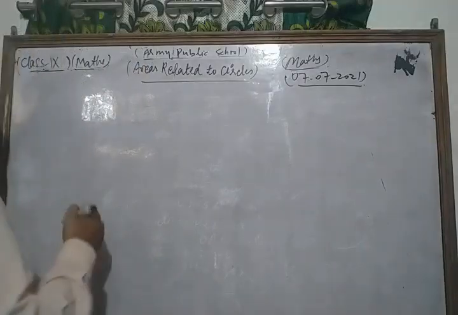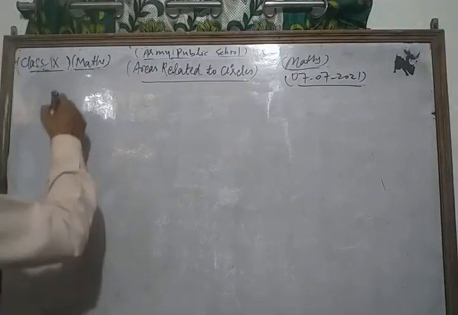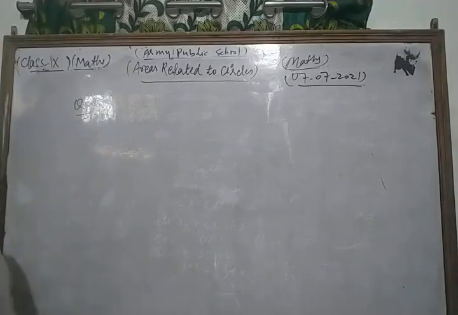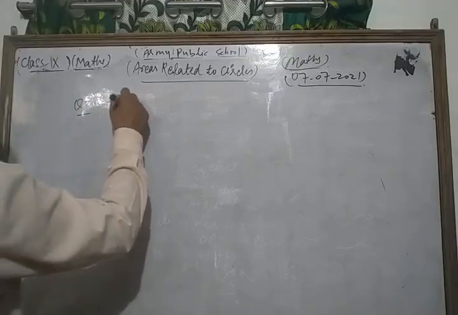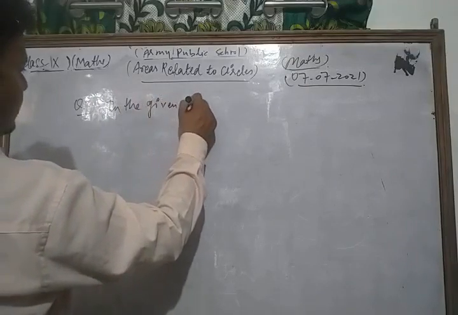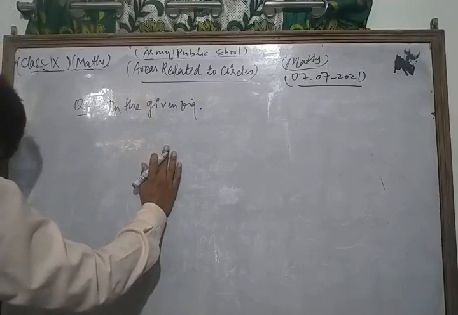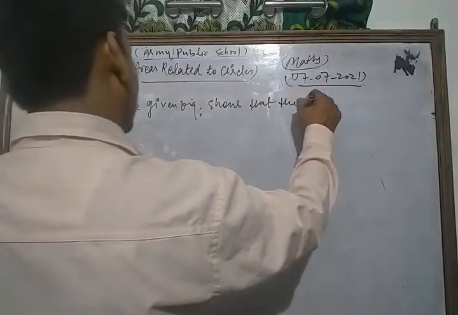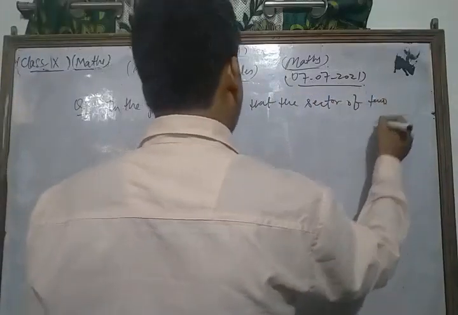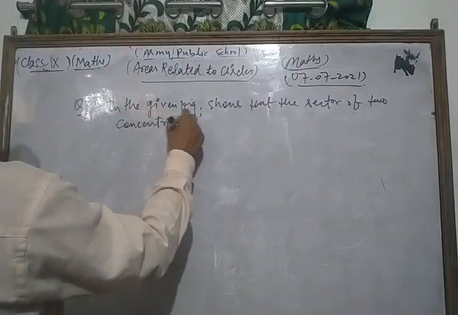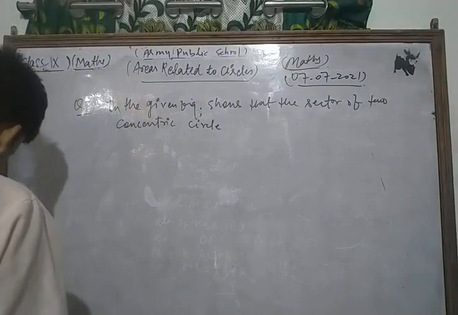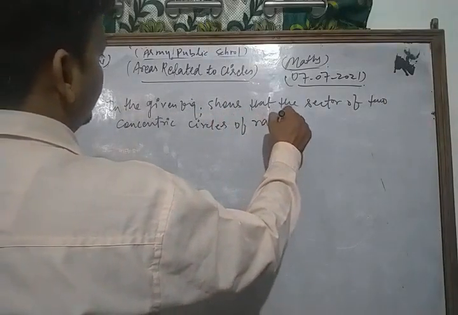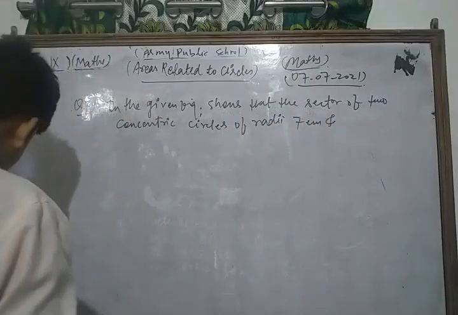Now the question is, in the given figure, it shows sectors of two concentric circles of radii 7 centimeter and 3.5 centimeter.